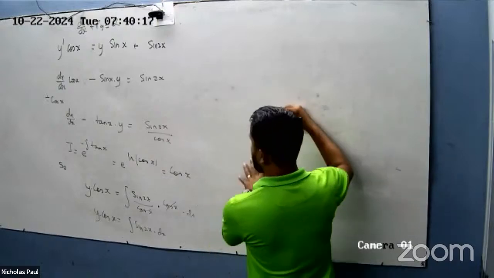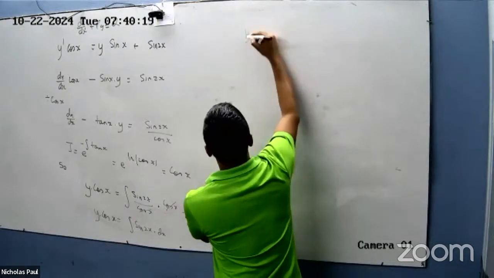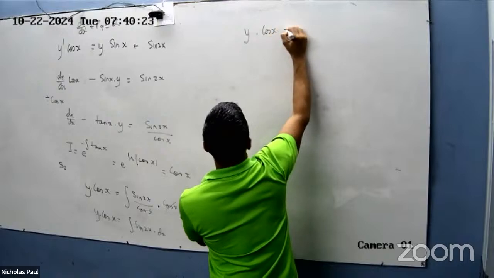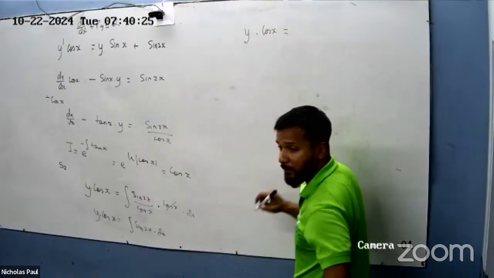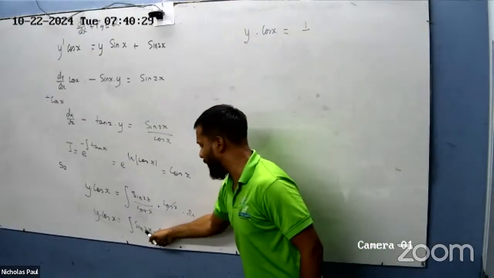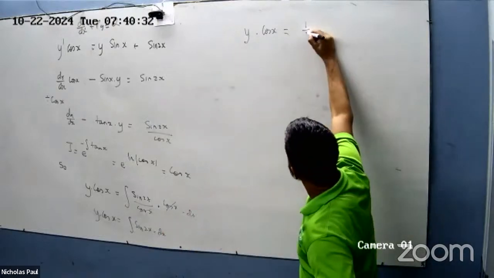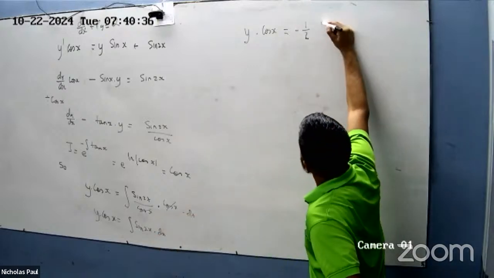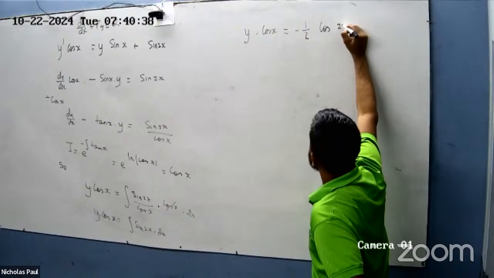Oh yeah, or something better. Right? So the integral of sine is 1 over the differential of 2x, which is 2. The integral of sine is minus cos 2x.